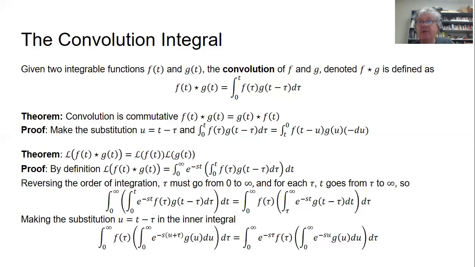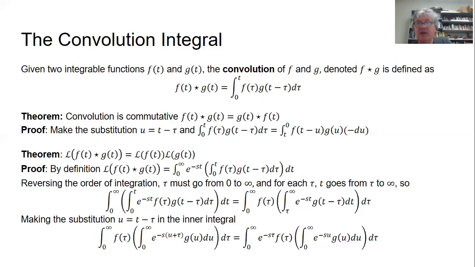Okay, so of course the reason why we're doing it here is because it has something to do with Laplace transforms, and the Laplace transform of the convolution is the product of the Laplace transforms. So we can think of convolution as some sort of multiplication of functions, right?